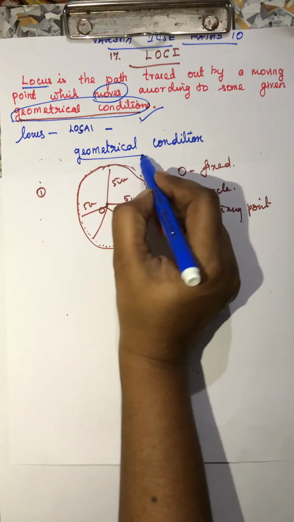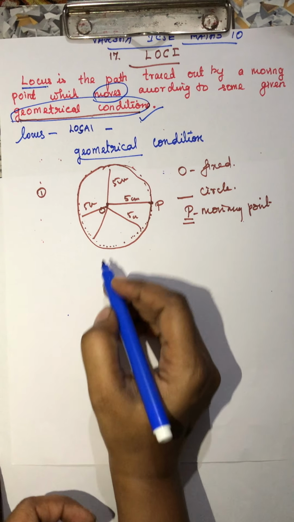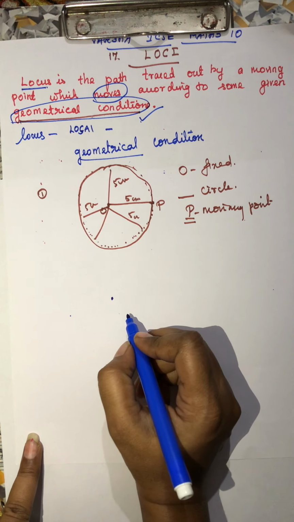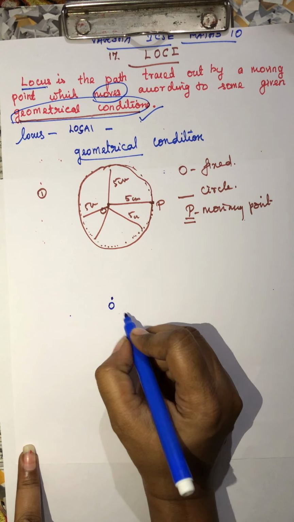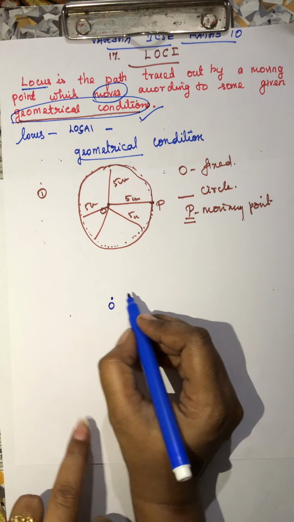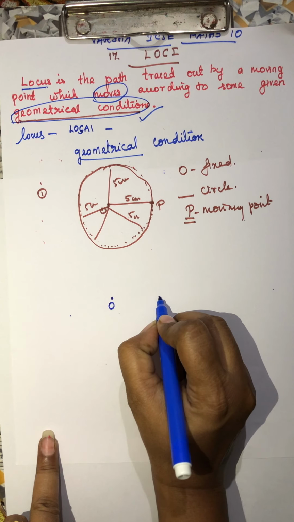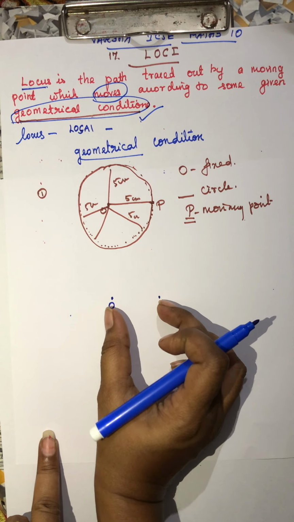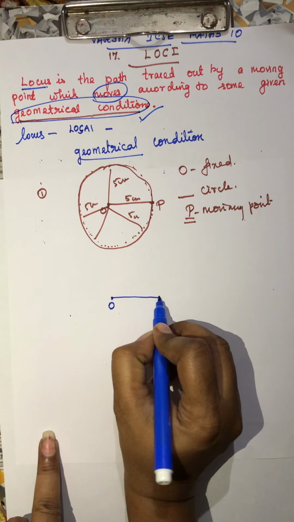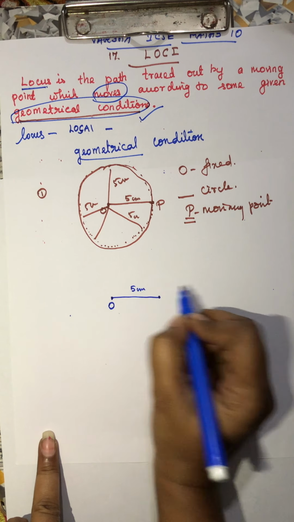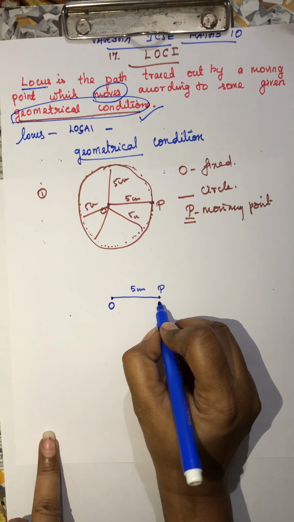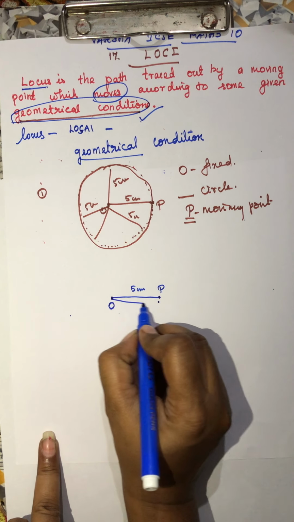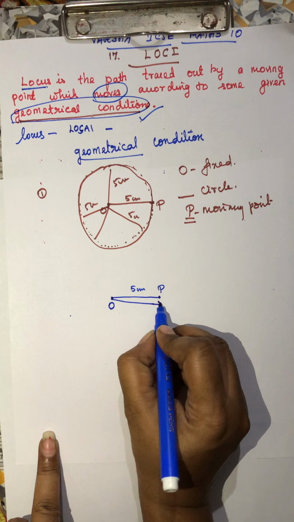Under a geometrical condition, see kids, we have a fixed point, let me name it O, and you take another point P at a particular distance, let me take it as 5 centimeter. The point P moves, keeping the same distance of 5 centimeter.